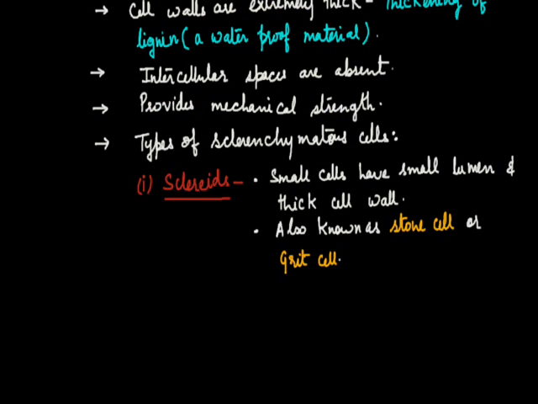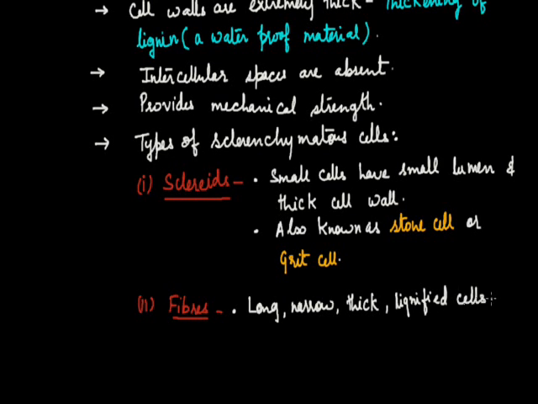The second type of sclerenchymatous cells are the fibers. In contrast to stone cells, these are very long, narrow, thick lignified cells. These fibers are used in the manufacture of ropes, mats and certain textile fibers.